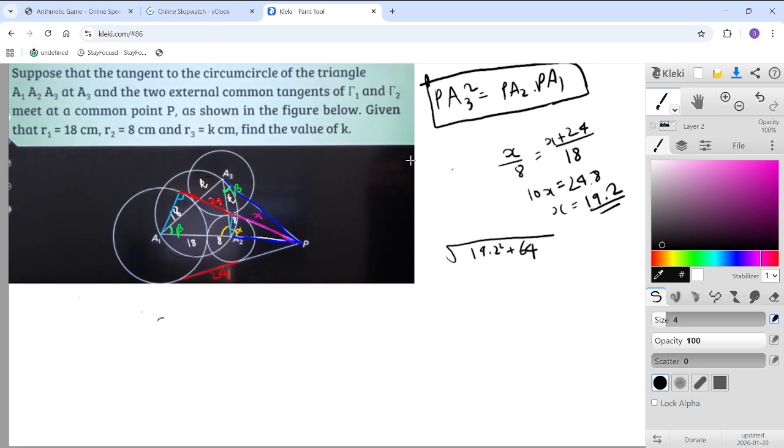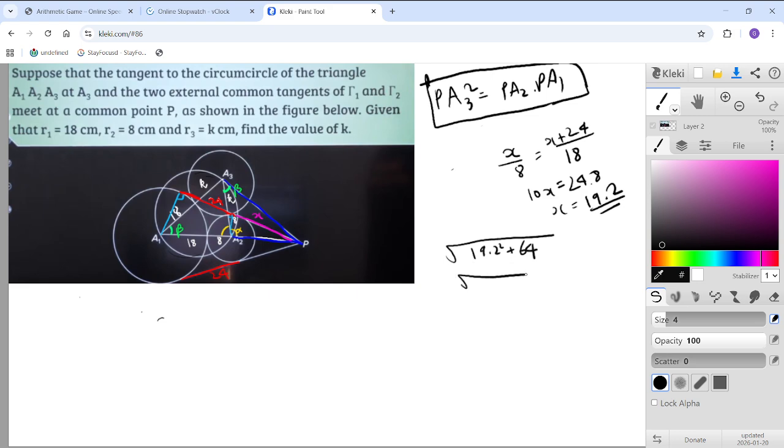Alright. So now it's 19.2 square plus 64.